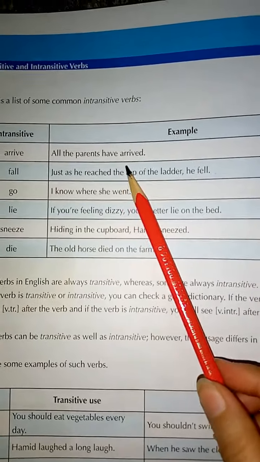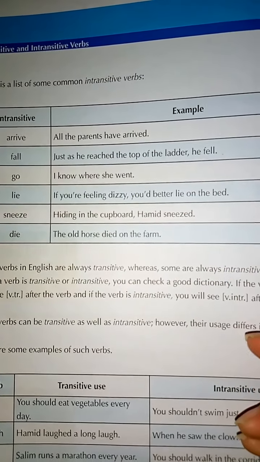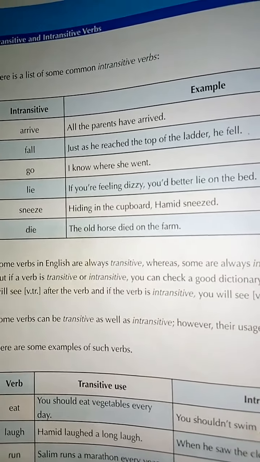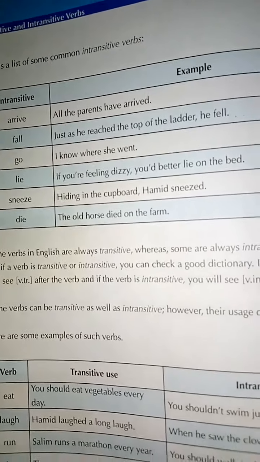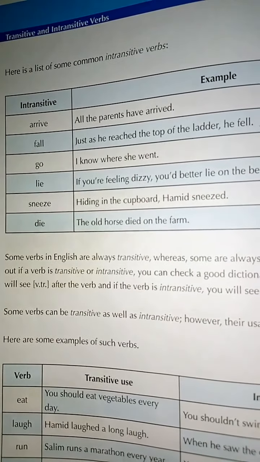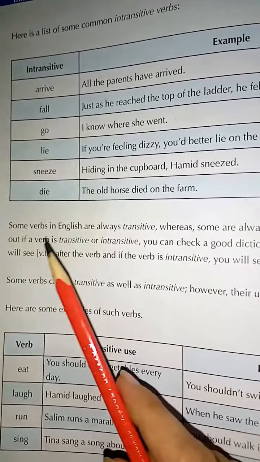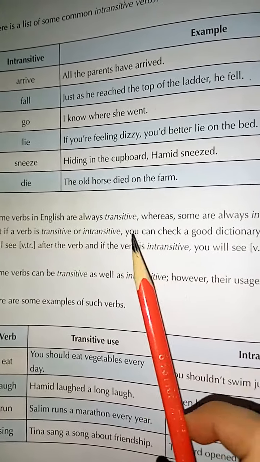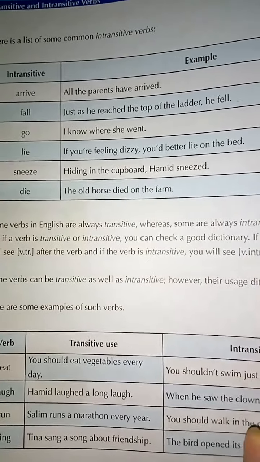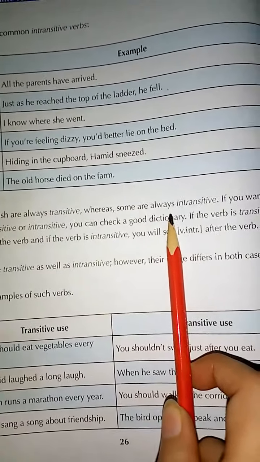As you have noticed, in all of these sentences we don't have a direct object to complete the sentence. So this was the use of some common intransitive verbs. Some verbs in English are always transitive, whereas some are always intransitive.